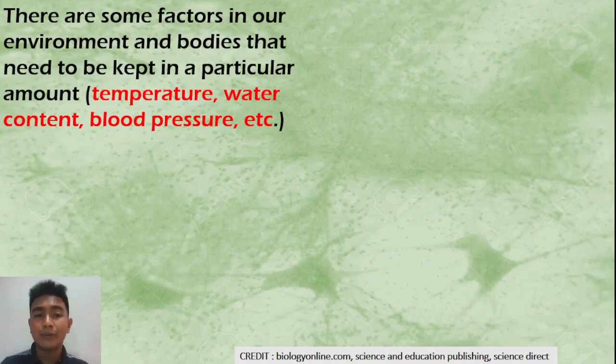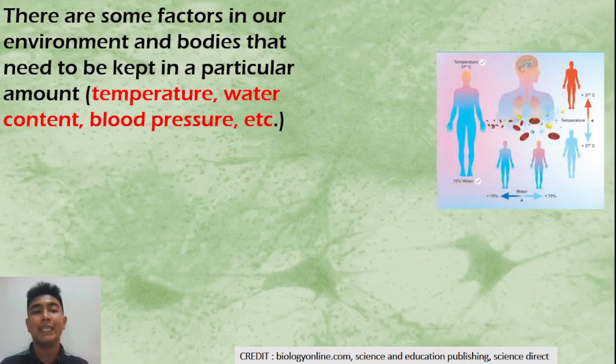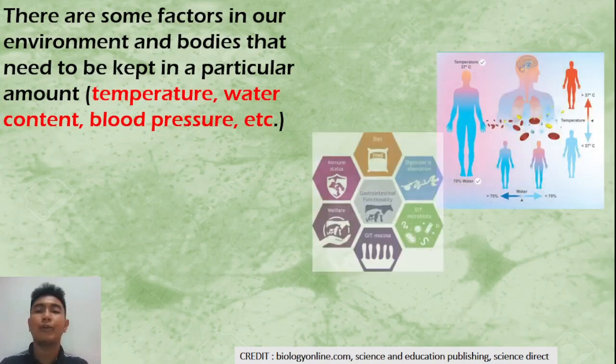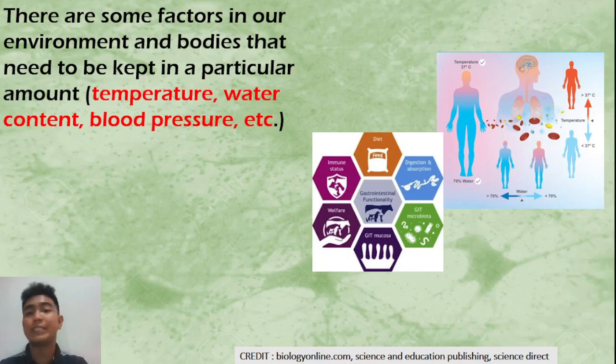So, there are factors in our environment and bodies that need to be kept in a particular amount. Things like our temperature. Average temperature of human beings is 37 degrees Celsius. Anything higher than that can be deadly. Anything lower than that can be dangerous as well.